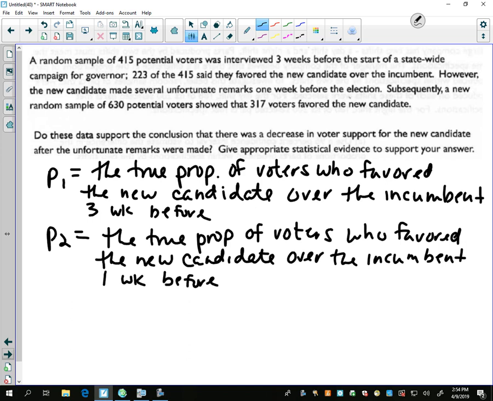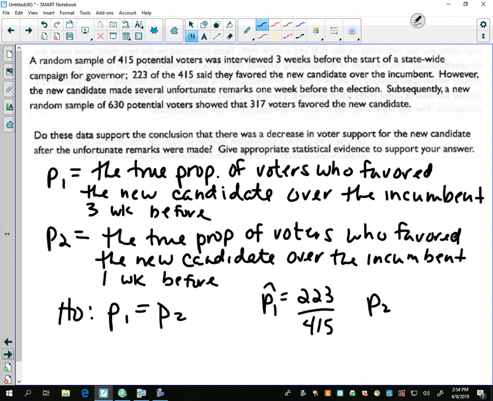Okay, so the null is that these remarks didn't hurt the candidate. However, p hat 1 is 223 over 415. So that was the proportion that favored the new candidate before he made the remarks.